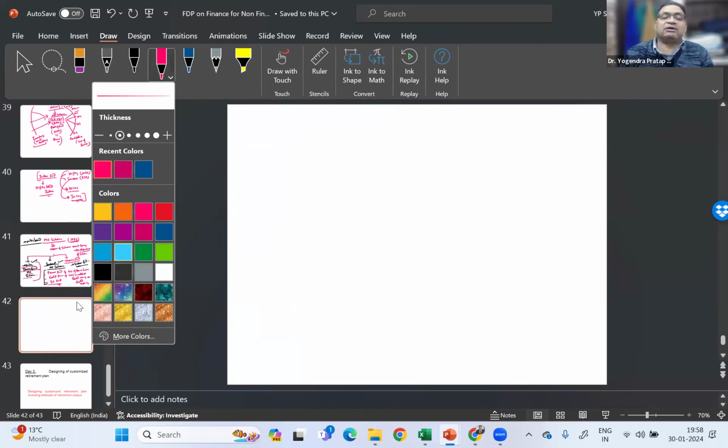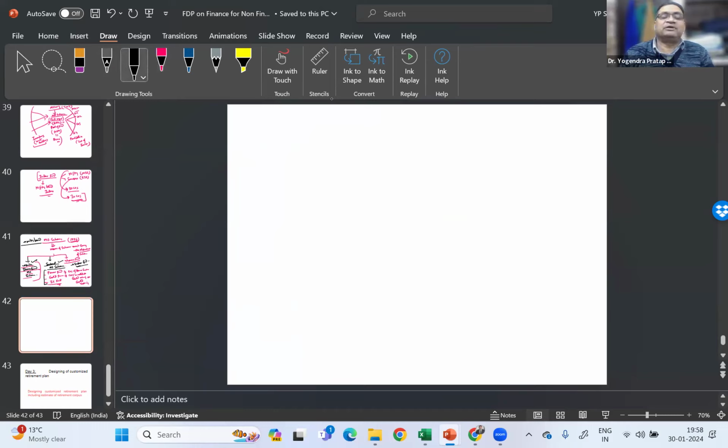There is a concept people normally misunderstand. There is SIP, there is the word STP, there is the word SWP. Try to understand. SIP means systematic investment plan.